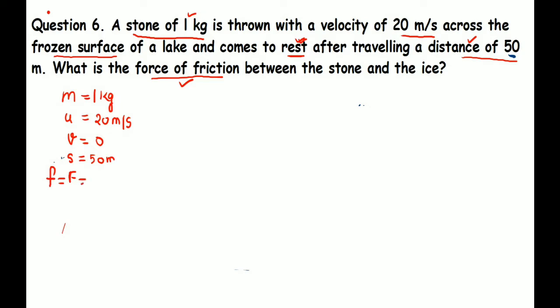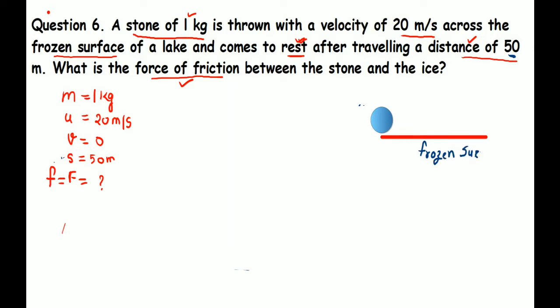Now we need to find the force, the force of friction. We can represent it by small f, or simply write capital F as well, because they are asking us for force. Now students, if we try to construct the whole situation, I am placing over here a stone and creating a frozen surface.